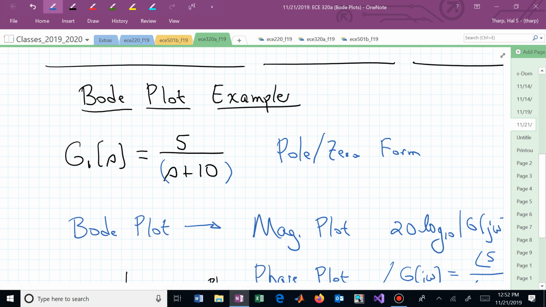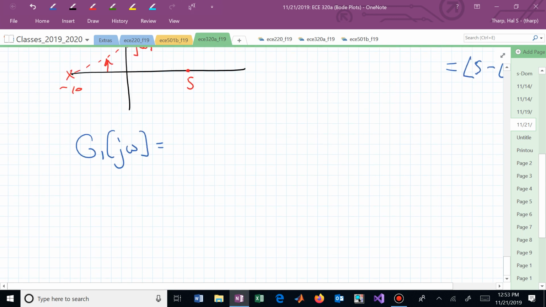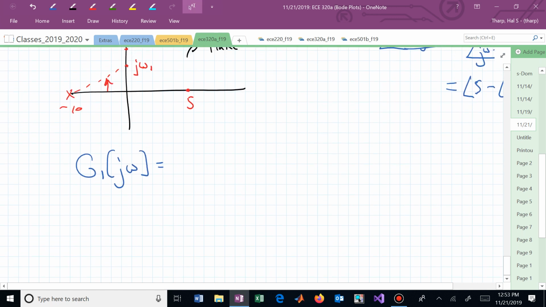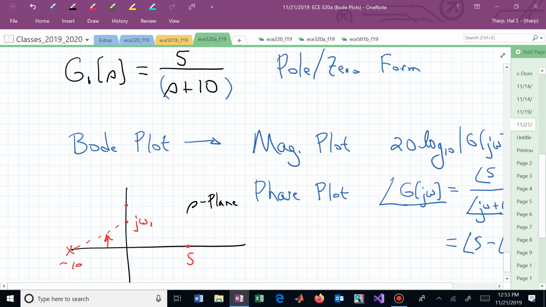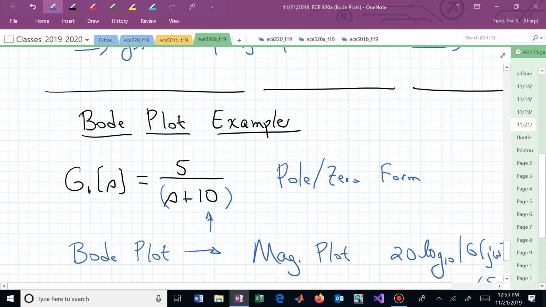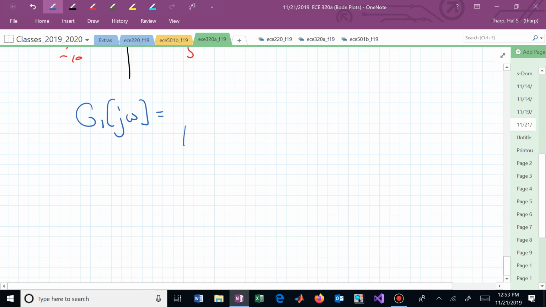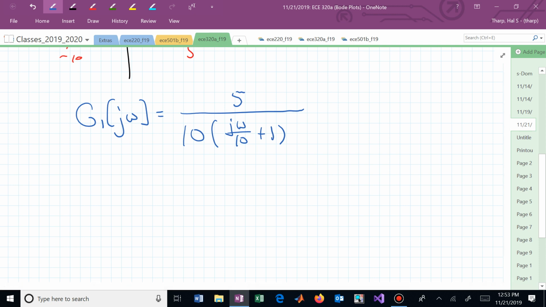We have a constant of 5, but for Bode plots, it's more consistent to factor that into time constant form, which really just means, if I have a constant in my linear factor, I want to factor that out and make that constant 1. I now factor out the 10. And I now have that for my transfer function.